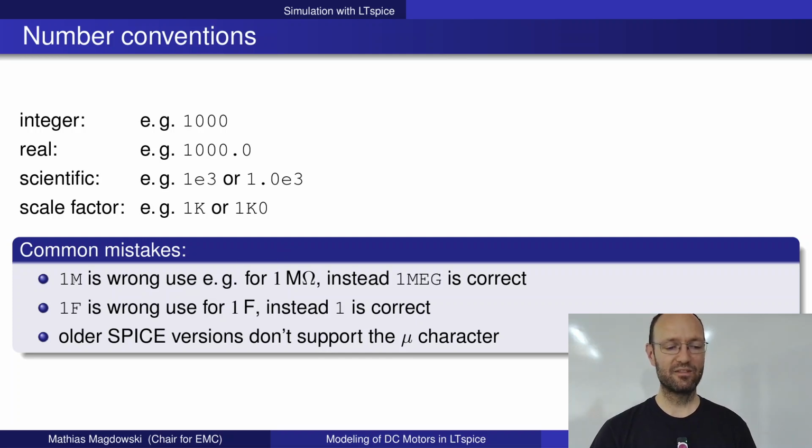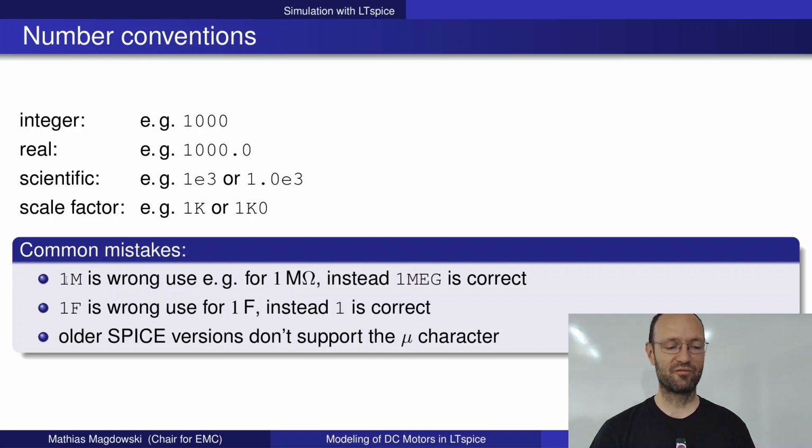So if you write 1M because you want 1 mega ohm, 1M is a milli. If you want mega, you need to write MEG, because it won't care if it's a lowercase or uppercase m. So this is a typical failure.